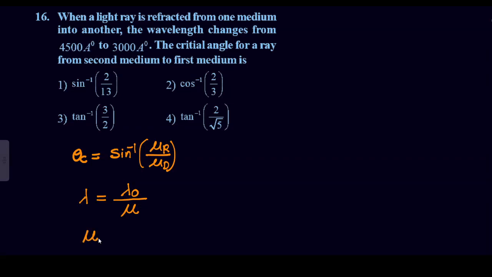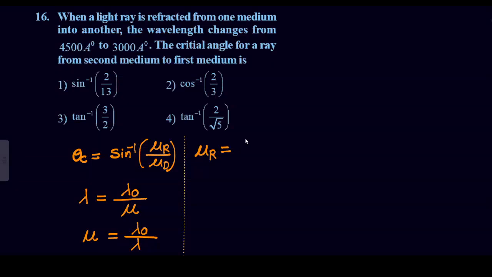So that means mu is equal to lambda naught by lambda in a medium. Lambda naught means wavelength in air. Now you can see the denser medium wavelength is low, and here the wavelength is high, which means that is the rarer medium.